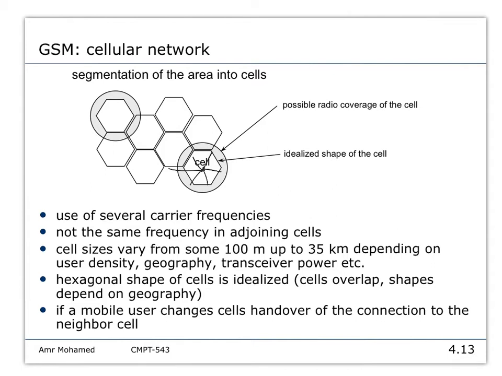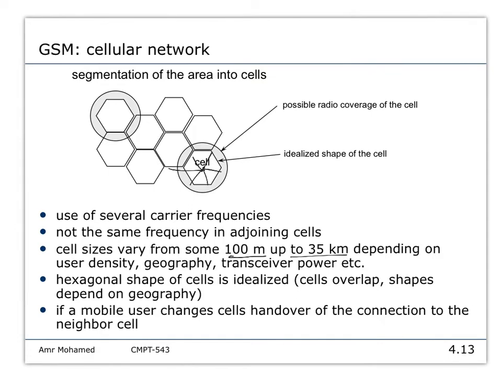But if you are in a remote village, you can use big towers, you can use big transmission power, in which case the cell range becomes really big, and the user density becomes small. So the range can be from 100 meters all the way to 35 kilometers, depending on the user density and the type of environment we're talking about.